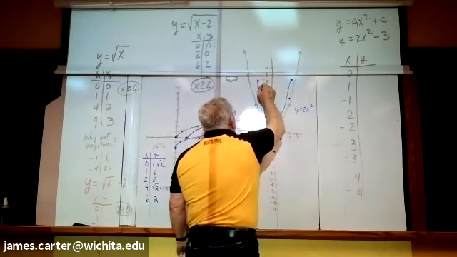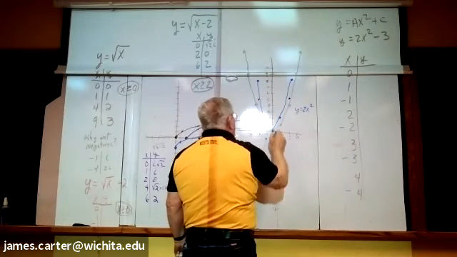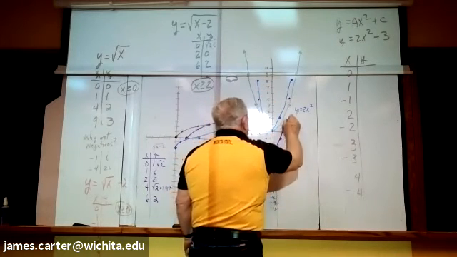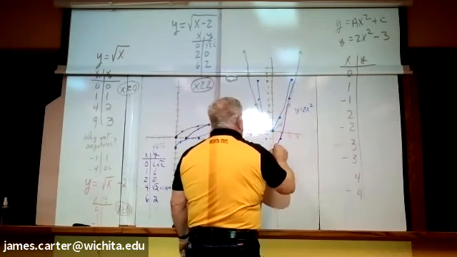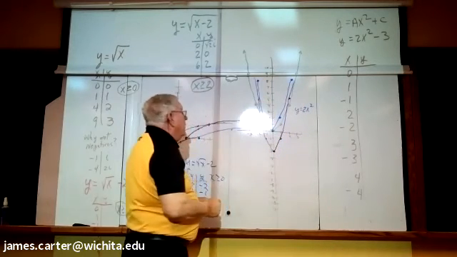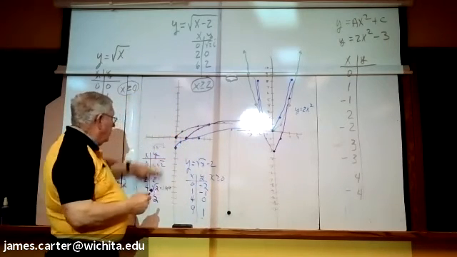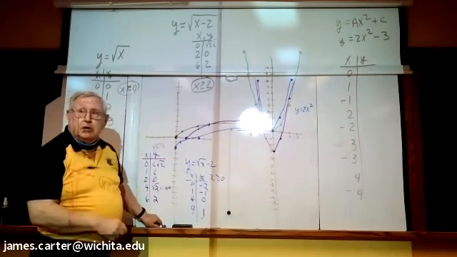This one down 1, 2, 3. And so here goes my graph this time. Now, that's a whole lot easier than doing all these tables.